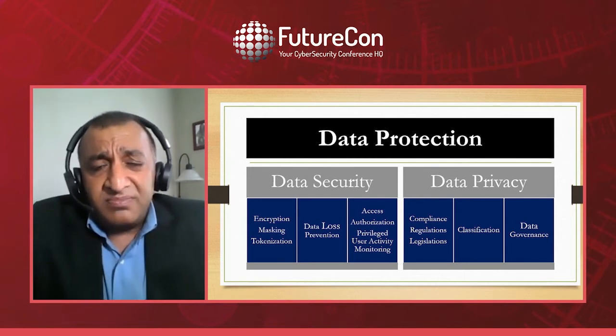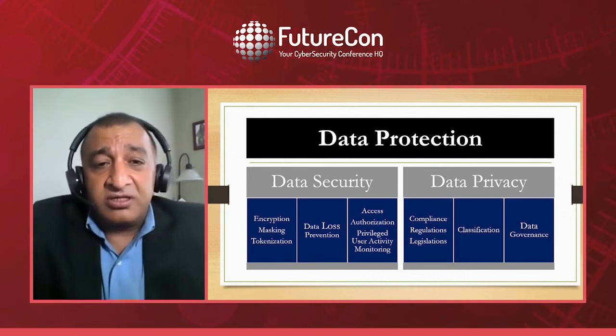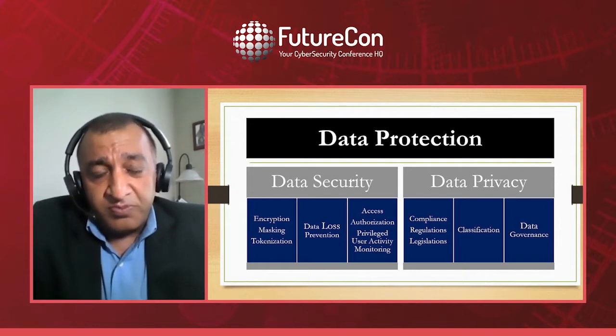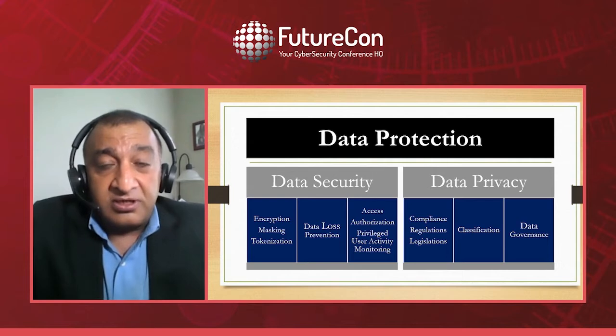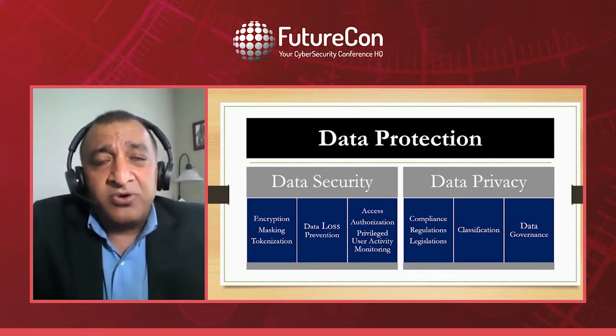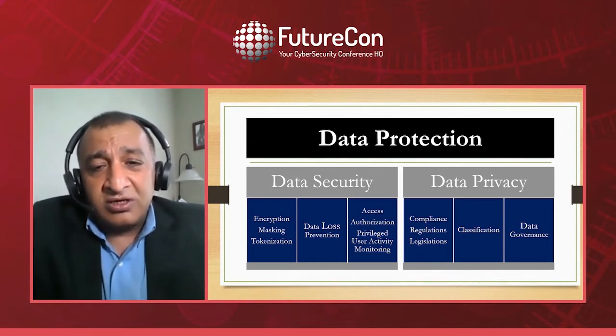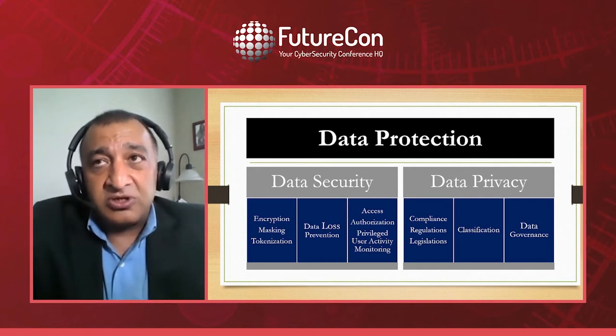Data protection is pretty much two pillars: one is data security and the other is data privacy. Data privacy usually is an org that's out of cybersecurity. It's not within cybersecurity.